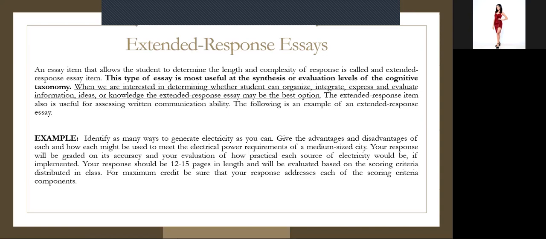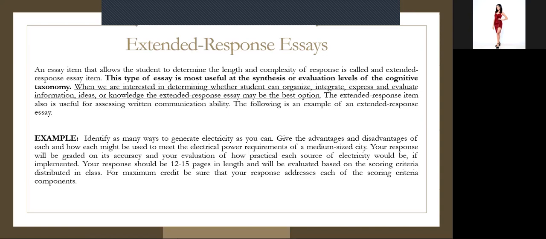The following is an example of an extended response essay. Example: Identify as many ways to generate electricity as you can. Give the advantages and disadvantages of each and how each might be used to meet the electrical power requirements of a medium-sized city.